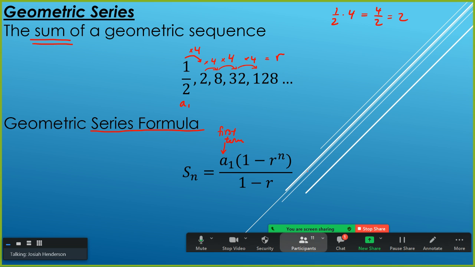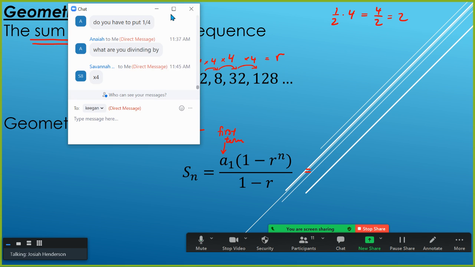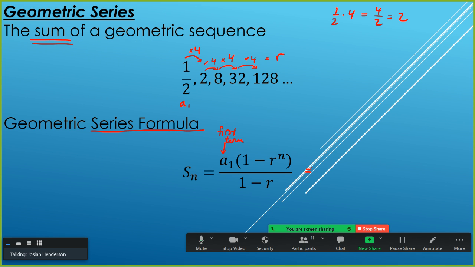So if we plug those in, good. Thanks, Savannah. Good eye. So I'm going to plug in my fraction there, 1/2, times 1 minus 4 to the nth power, and then over 1 minus 4.